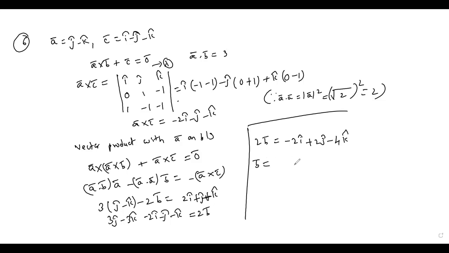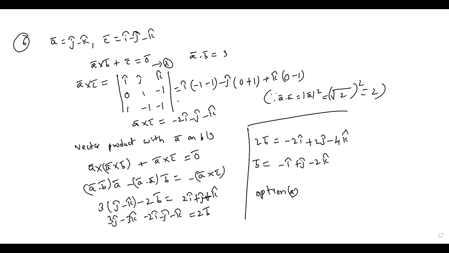We need B bar, divided by 2, that is minus i plus j minus 2k. Now which option is correct? You can check: minus i plus j minus 2k, I think option A is the correct one.